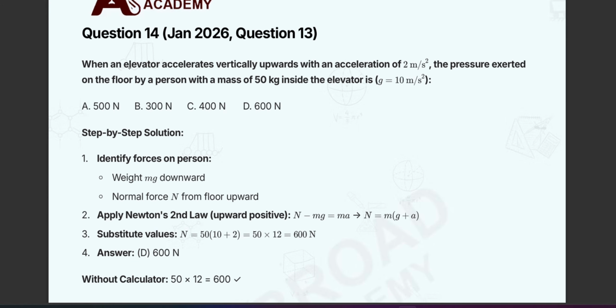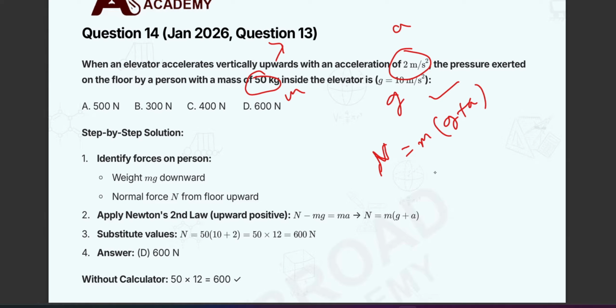Here's another question from January 2026. When an elevator accelerates vertically upwards with an acceleration of 2 m/s², what is the pressure exerted on the floor by a person with a mass of 50 kg inside the elevator, with g equals 10 m/s²? Here m is 50 kg, a is given, g is given, and we have to find N. Since the elevator accelerates upwards, we know the formula N equals m into (g plus a).